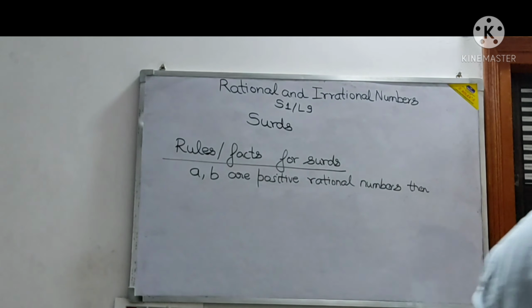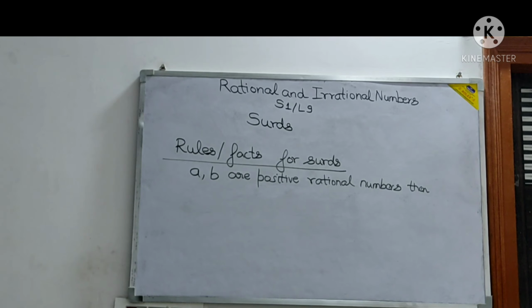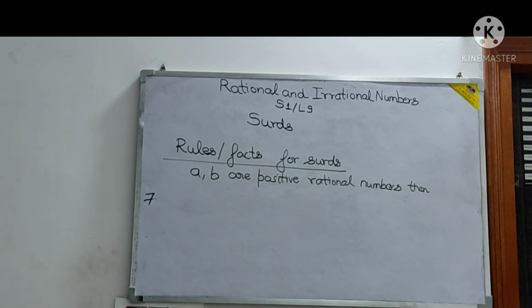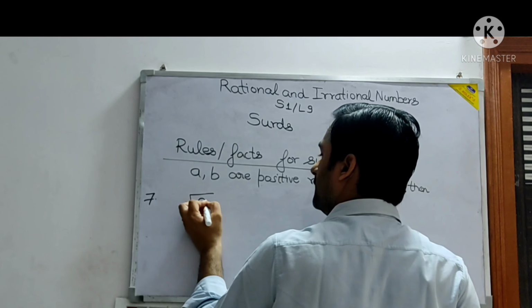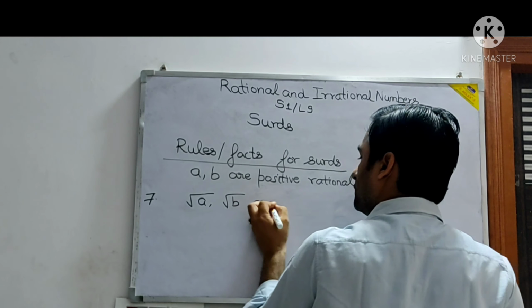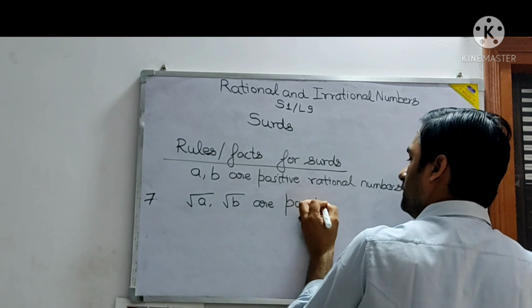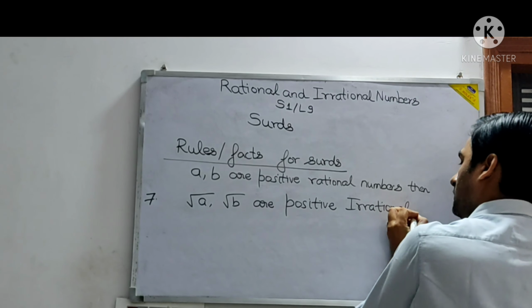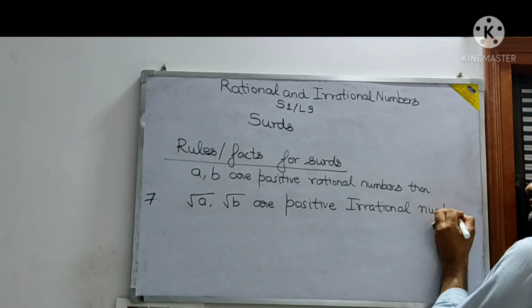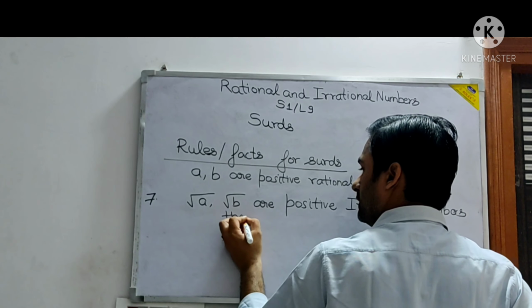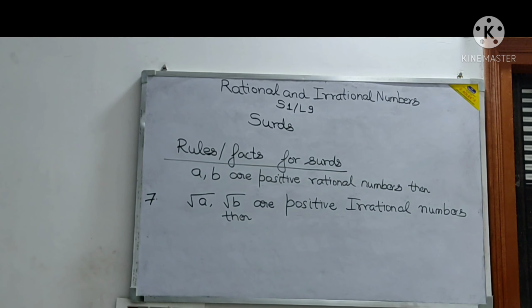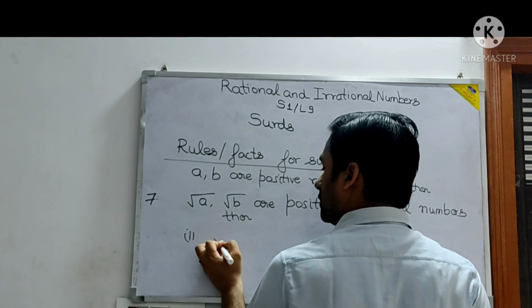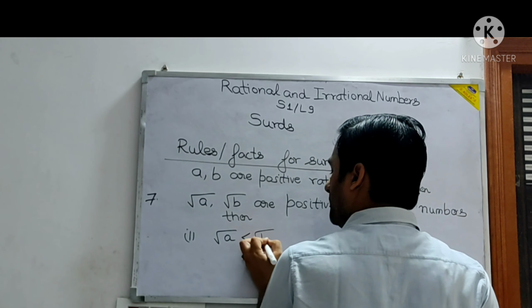Seventh rule is: if root A and root B are positive irrational numbers, then what can you say?